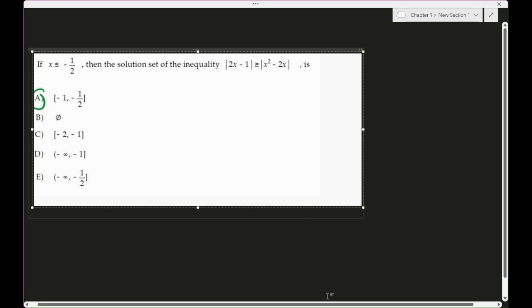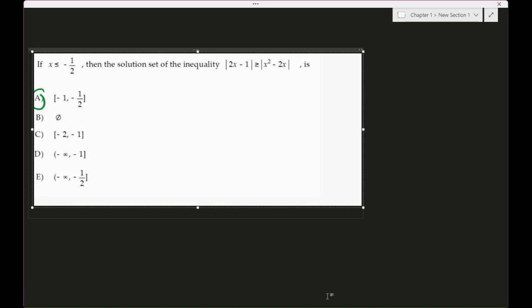Hello, in this video, we'll be solving this interesting absolute value inequality. Looking at this question, we have a condition that x is less than or equal to minus half. We want to find the solution set of this inequality.